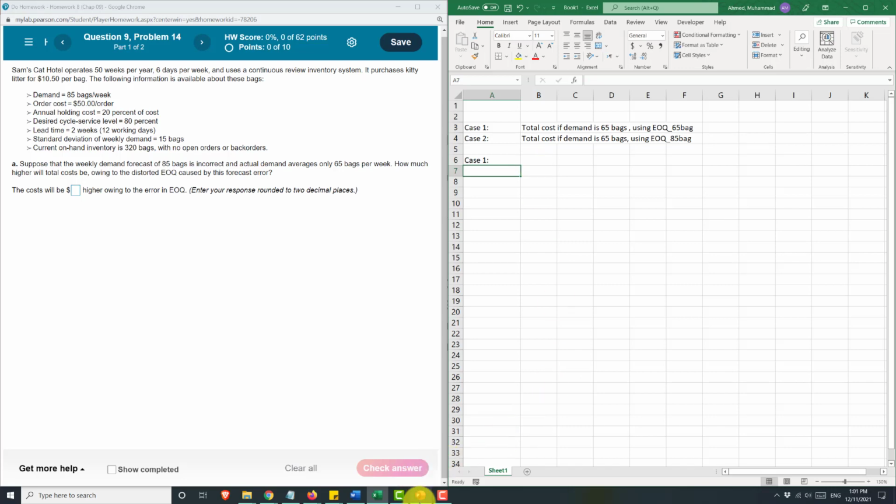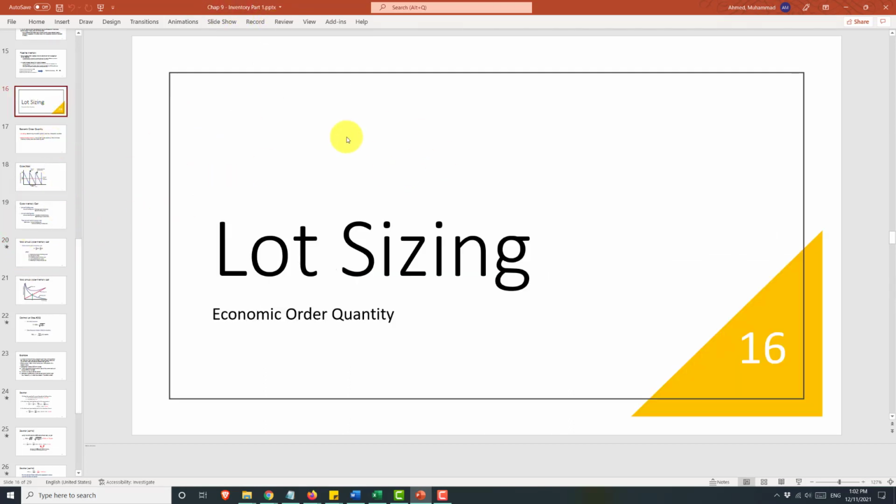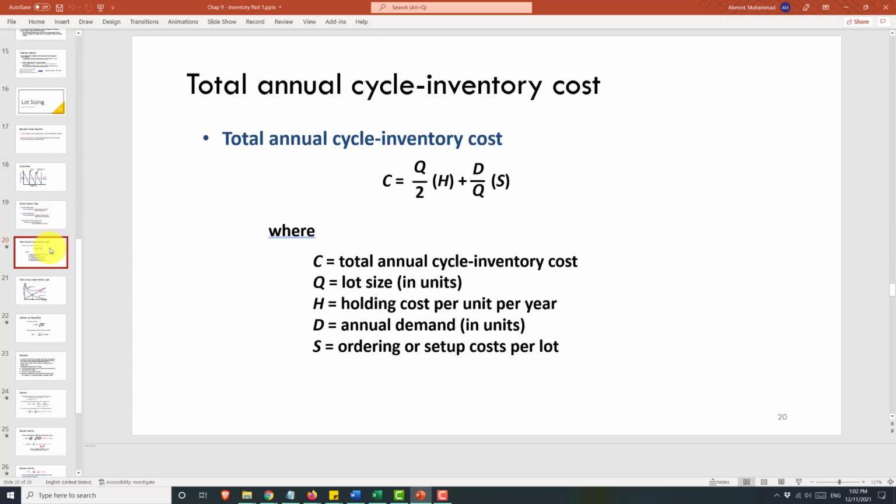Now if we go to our slides, in chapter 9 inventory management part 1 slides, we talk about EOQ under the lot sizing economic order quantity section. On slide 20, we have the relevant total cost equation, which is Q over 2 times capital H, the holding cost, plus D over Q times capital F, the ordering cost.